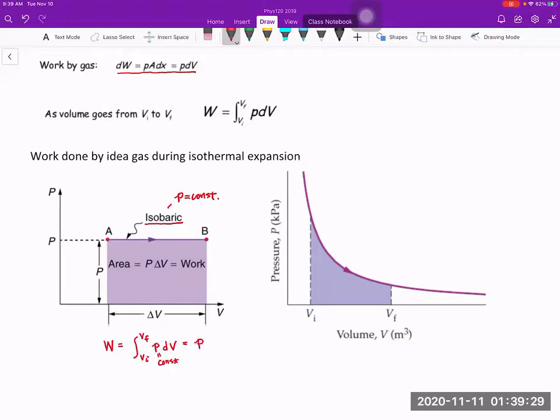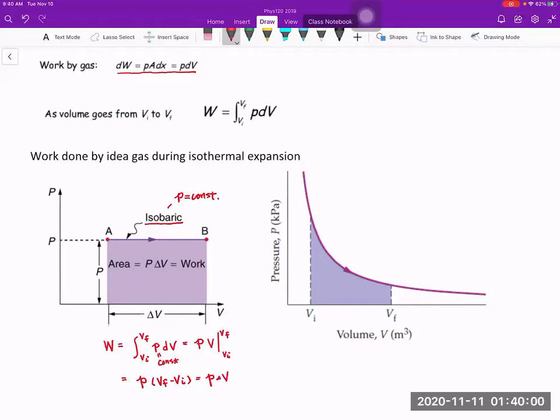And you take the integration of dV, which simply gives you V, integrated from V sub i to V sub f. Therefore, this is simply P times (V sub f minus V sub i). We can also write this change of the volume as delta V.